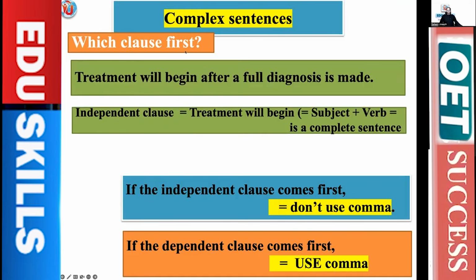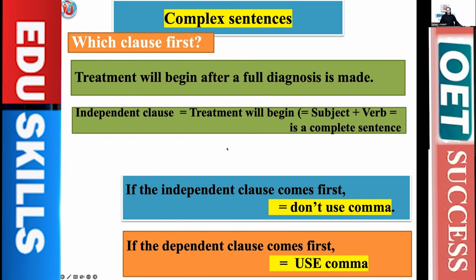Now you see one example. Which clause comes first? Treatment will begin after a full diagnosis is made. Treatment will begin is an independent clause. Subject plus verb is a complete sentence. Since treatment will begin is the first part of the sentence, you need not put a comma. But if you start with after a full diagnosis is made, comma, the treatment will begin.